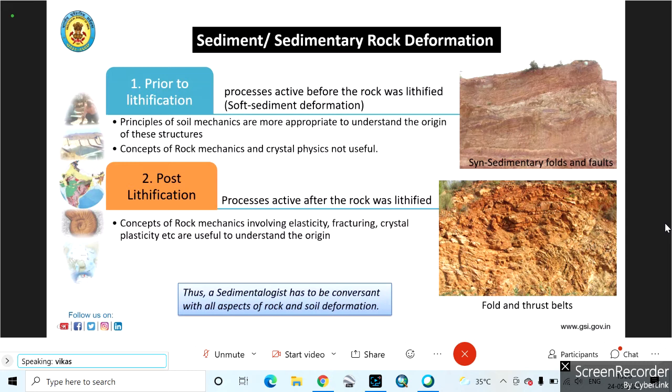That is, these are soft sediment deformation, which we all know is also commonly called penecontemporaneous deformation. These are processes very much active before the rock was lithified. To understand the origin of these structures, the basic principles of soil mechanics are very important, or rather appropriate, rather than those of rock mechanics, because they're unconsolidated sediments.